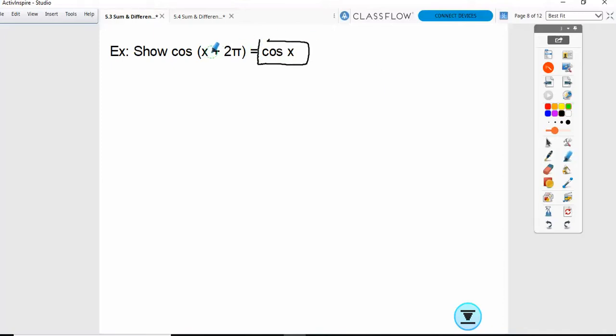On these proofs, anytime you have an angle with something added or subtracted, that's going to be the side you want to work with because you have formulas for breaking that apart. So this is the cosine of A plus B formula. So that's cosine of the first, so cosine x, cosine of the second, so cosine 2 pi, minus sine of the first, sine of the second.